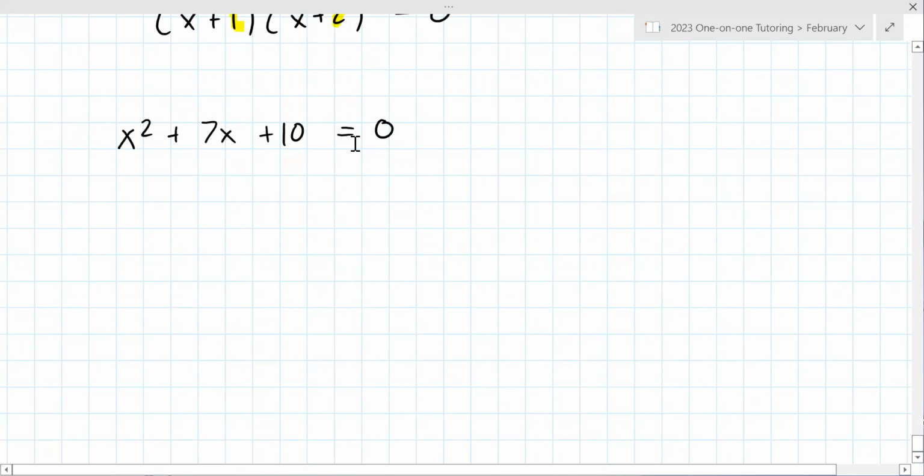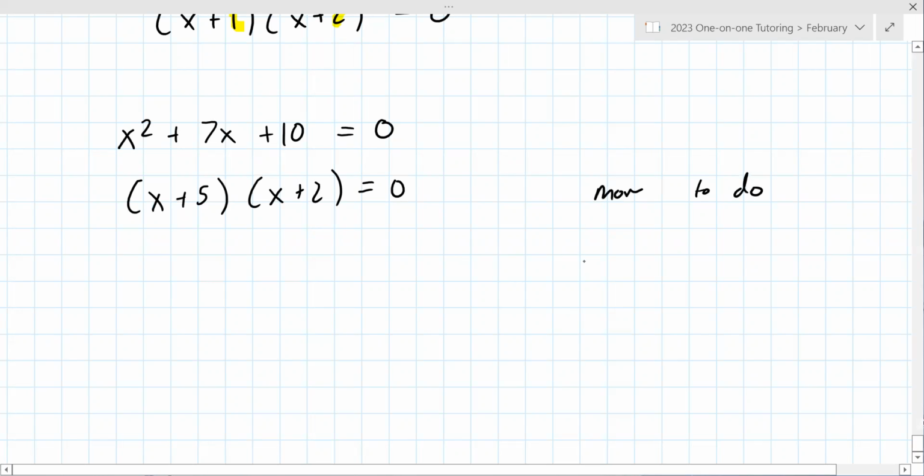So 10 has more than 2 factors. It would be 5 and 2. Yes, so it becomes x plus 5, x plus 2. Now there's more to do.